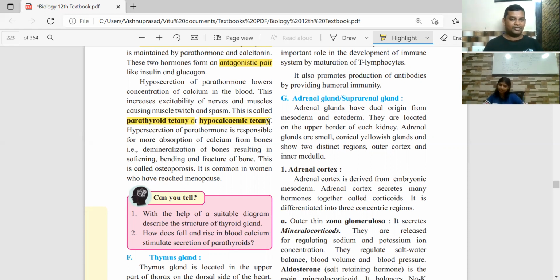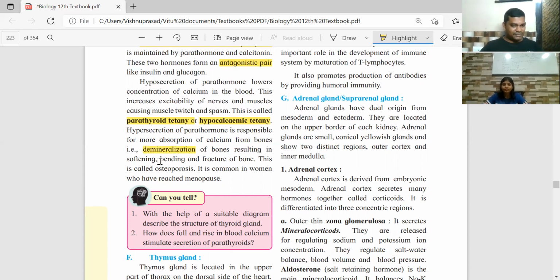If the parathormone is secreted in more amounts, that is hypersecretion, what will happen? There will be more withdrawal of calcium from the bones, so the calcium in the bones will decrease. The bones will undergo demineralization.